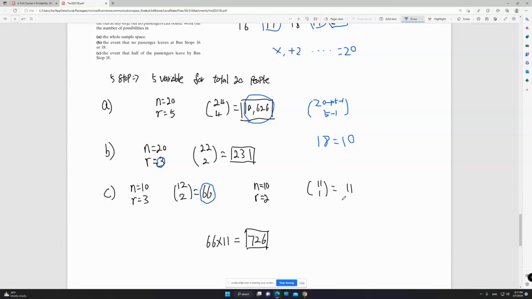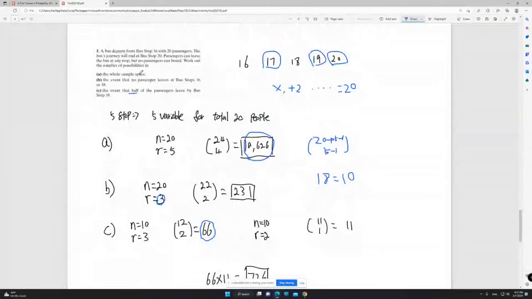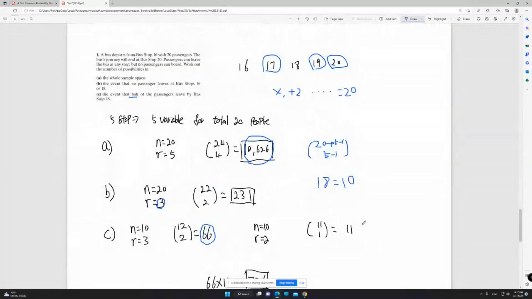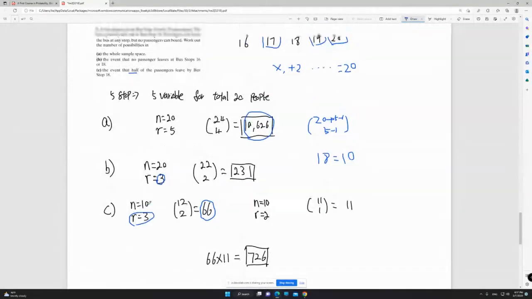How do we know it's exactly 10 then? What about the passengers who already left at 16 and 17? Because it says at 18, there's only 10 left. So we have 3 stations before 18, so r will be 3.